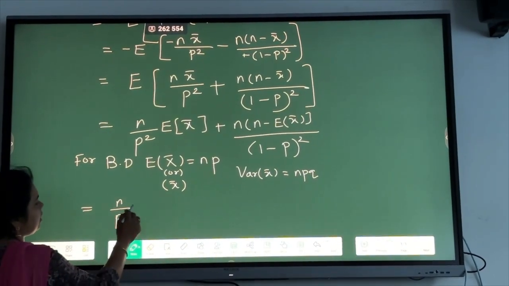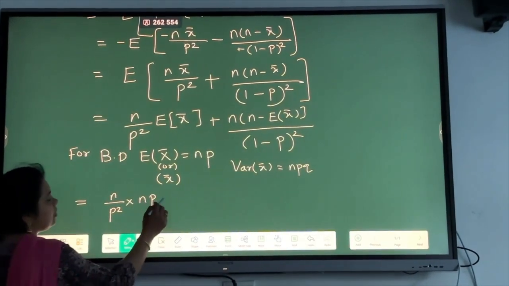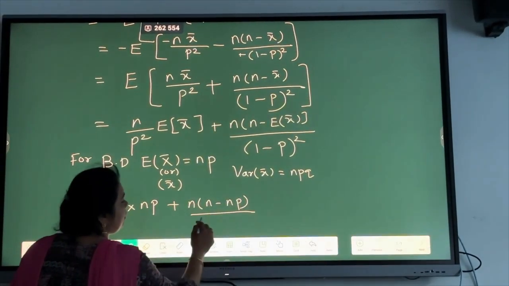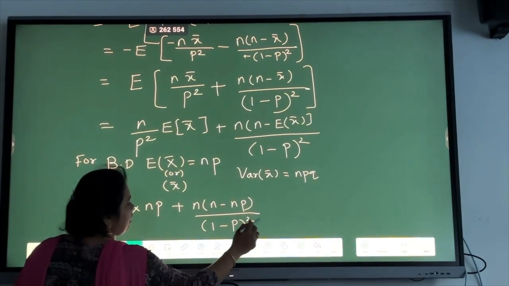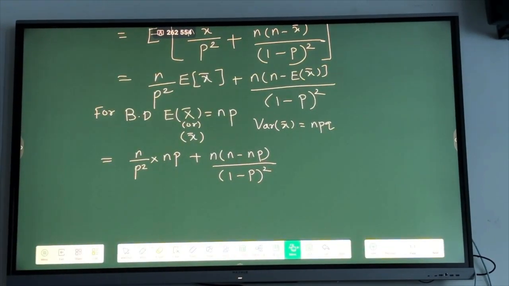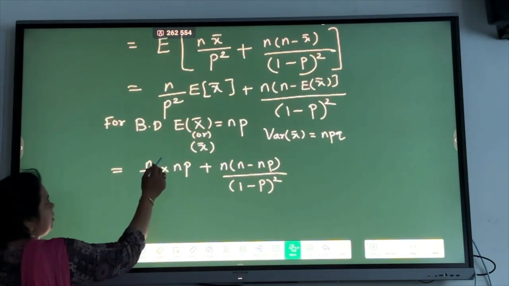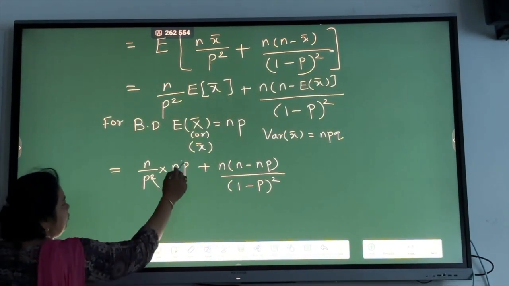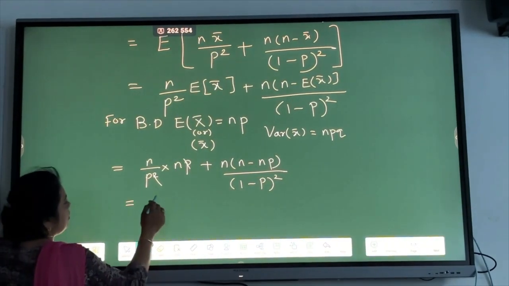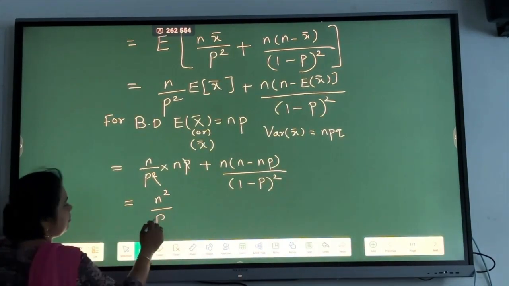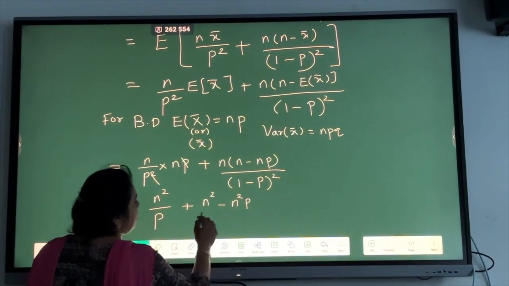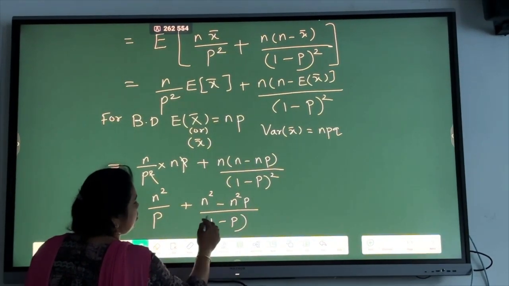N by p square into NP plus n into n minus NP divided by 1 minus p the whole square. So cancel p here. 1 p cancel. Multiply the term here. N square by p plus n square minus n square p by 1 minus p the whole square.